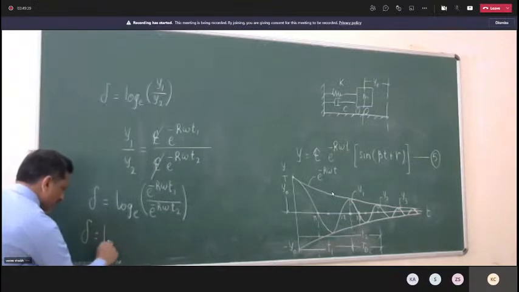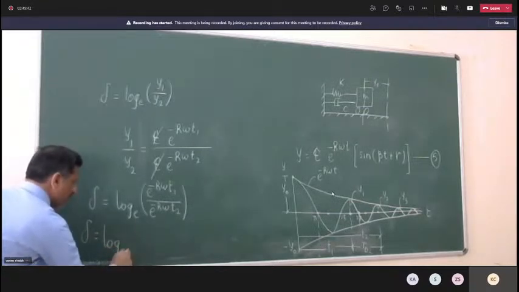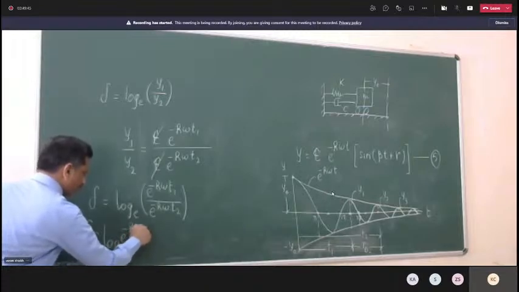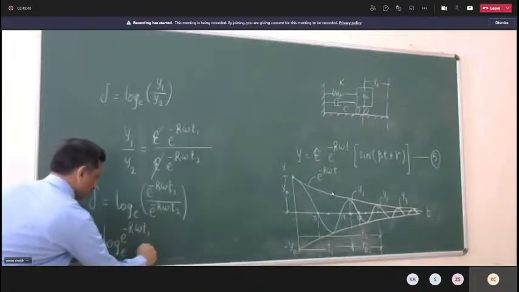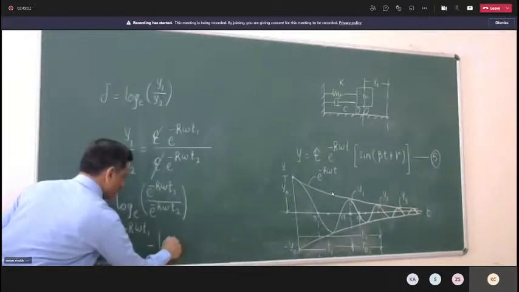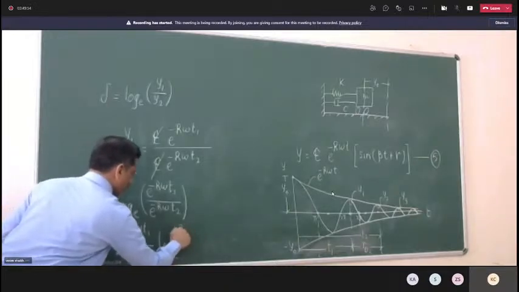So it will be log to the base e raised to minus r omega t1 minus log to the base e raised to minus r omega t2.